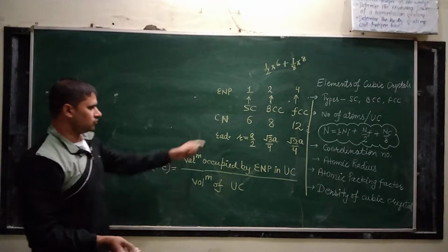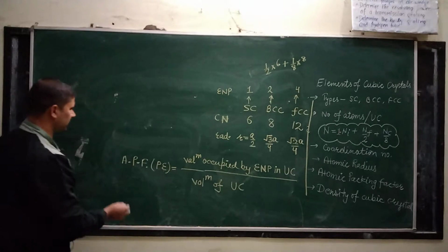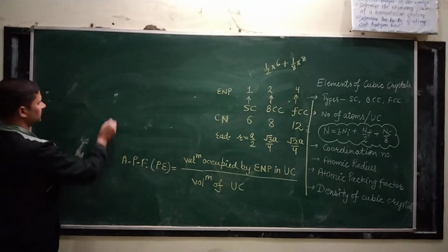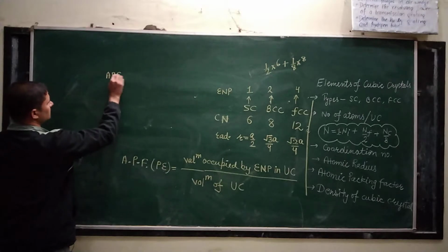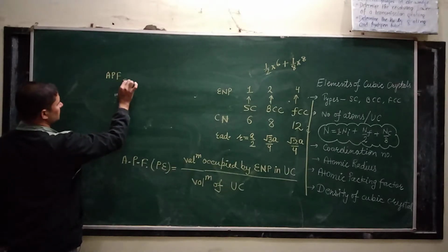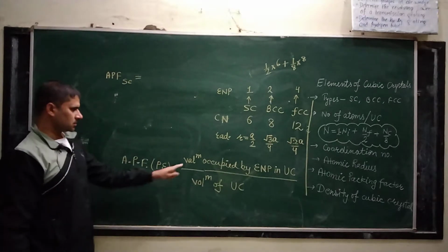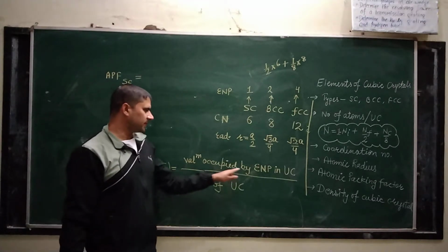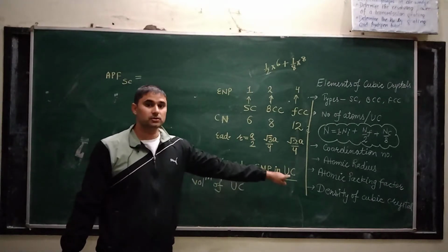Okay, and you know the relation with the radius. So from here you will get the idea of atomic packing fraction. So the atomic packing fraction for simple cubic is equal to the volume occupied by the effective number of particles in the unit cell.